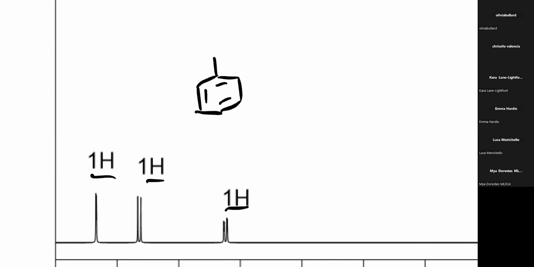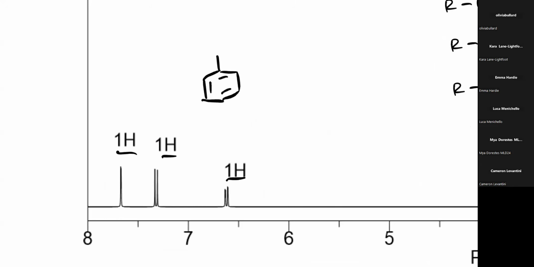So I'm just gonna put one of my methyls there. And then if it was like this, I couldn't possibly have a singlet, right? This would be a doublet, triplet, doublet. So the fact that I have a singlet probably tells me that I have something that looks like that, right?